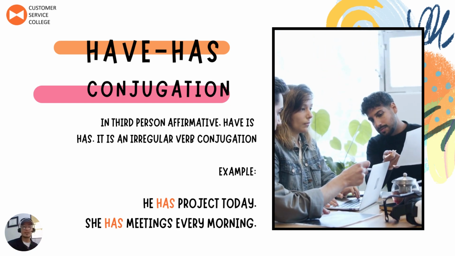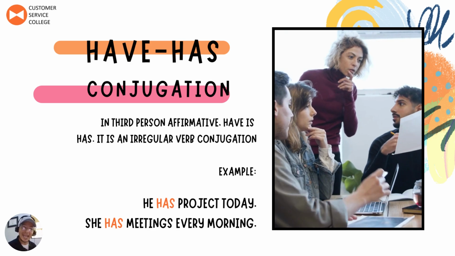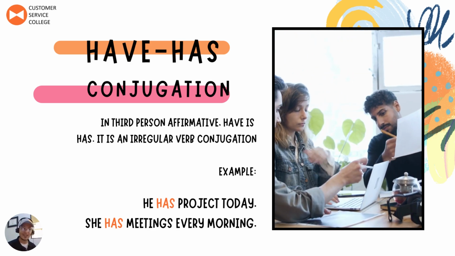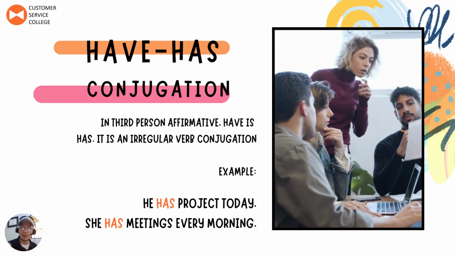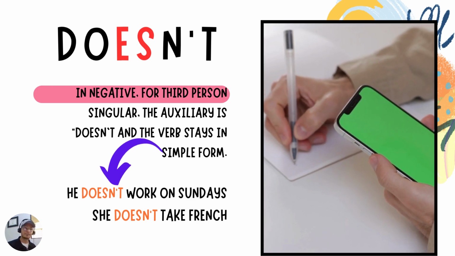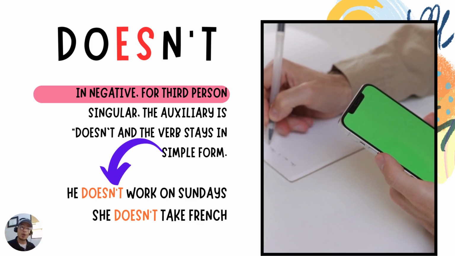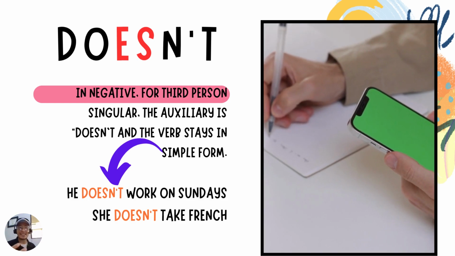Now, this is important. I keep saying affirmative sentences because in negative, what we change is the auxiliary. Let's take a look at the auxiliary in negative for third person singular. In negative, what you modify is don't to doesn't, and the verb stays in simple form.